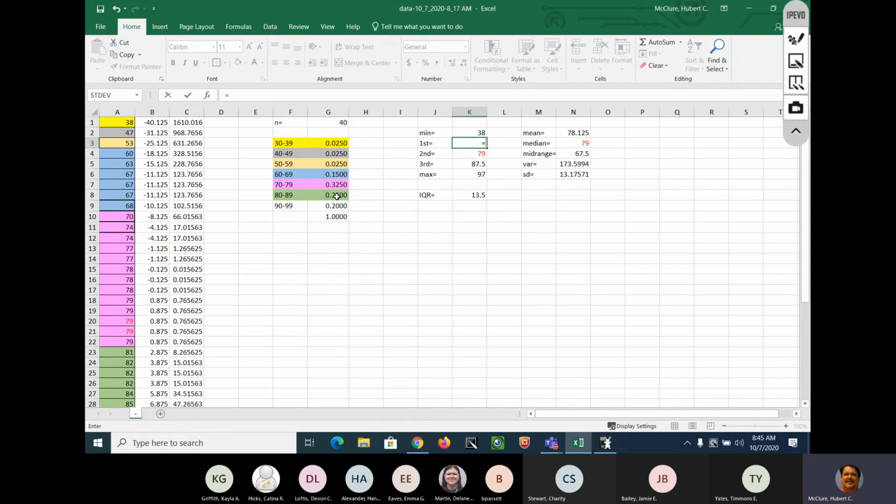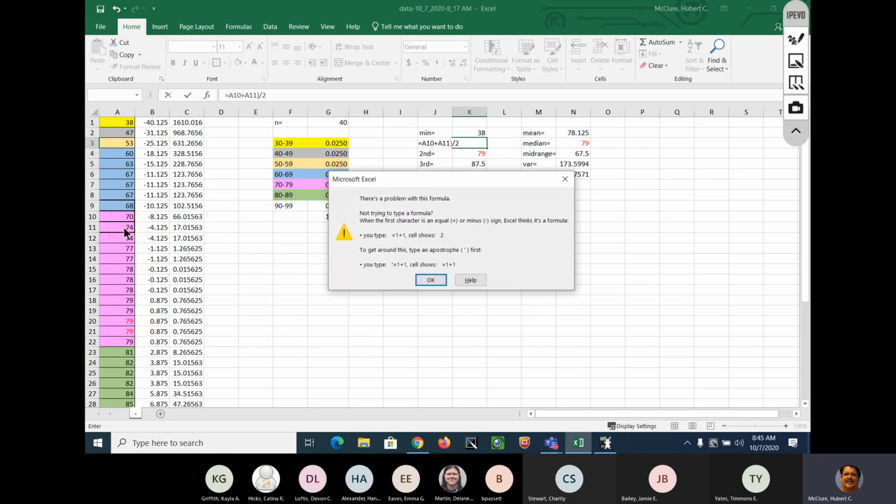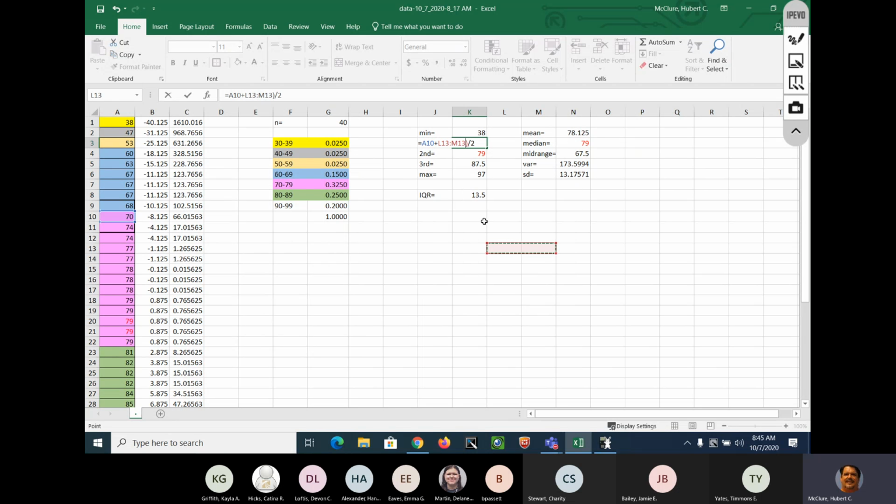Equals, 70 plus 74 divided by 2. Okay, I don't know what's going on. Equals, parentheses, 70 plus 74 divided by 2.